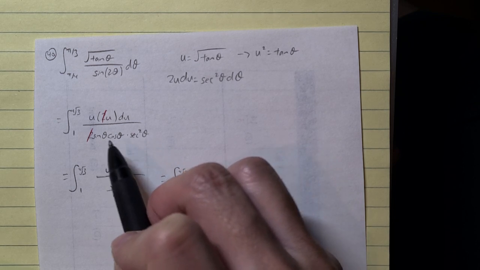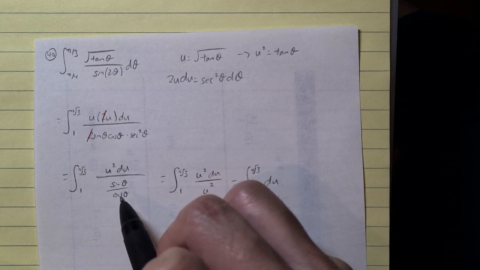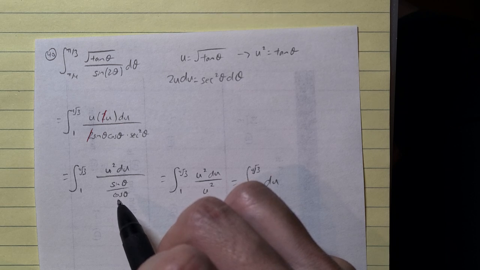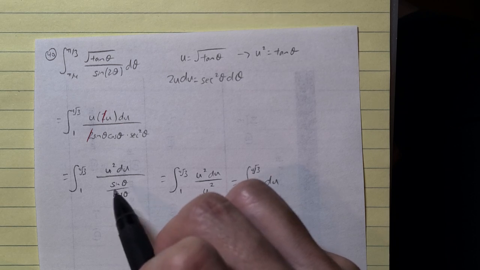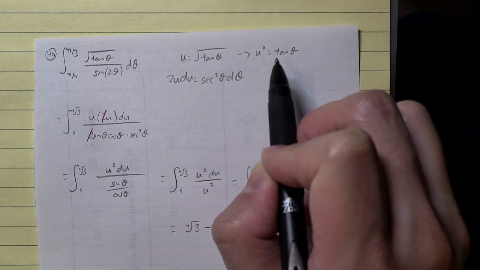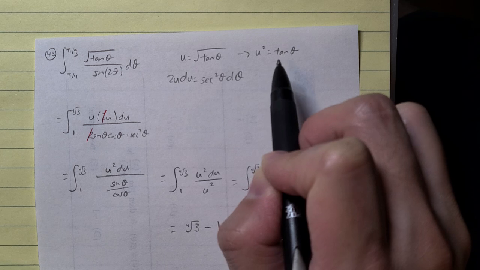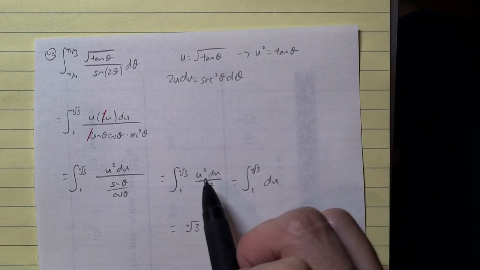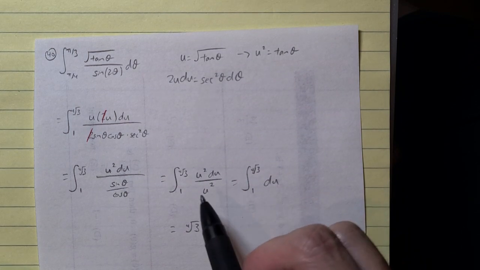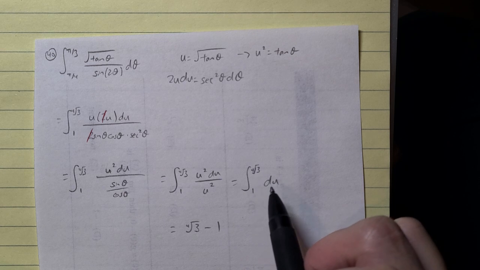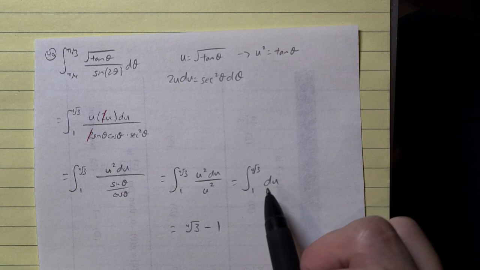So on the bottom, we are left with sine over cosine, actually. Okay? Yeah, so here, sine over cosine is just u squared, because sine over cosine is tangent. Okay, so tangent is u squared. So it becomes u squared over u squared du. So that's really easy. It becomes just the integral of du, okay?